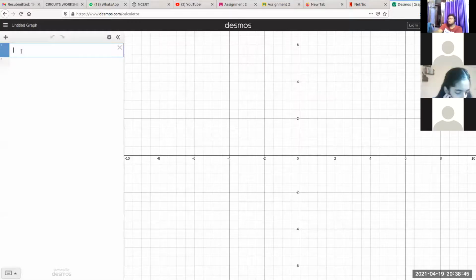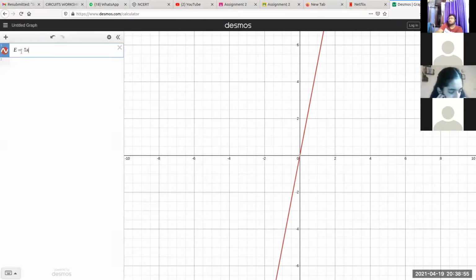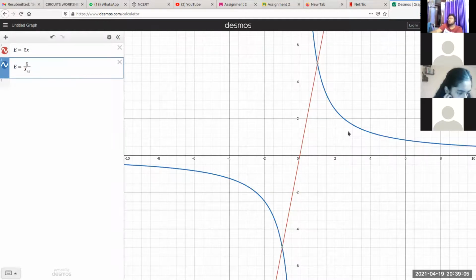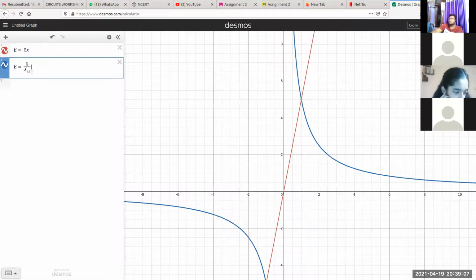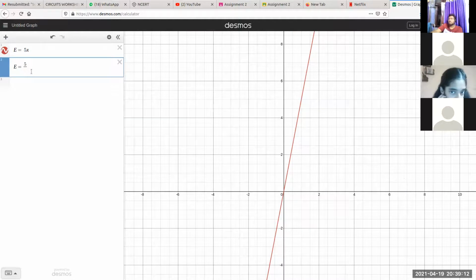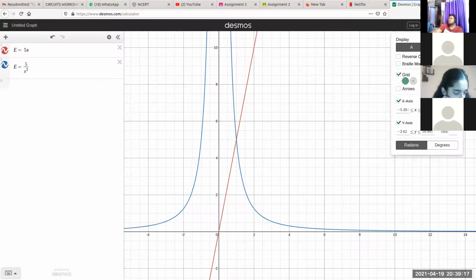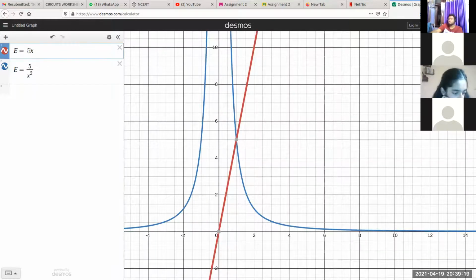So E is a function of x. Suppose some k by R square is a constant, suppose 5 into x, and capital E is equal to 5 divided by x square. So see it, it will be like this.